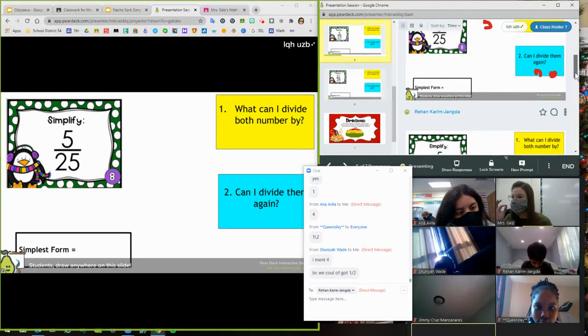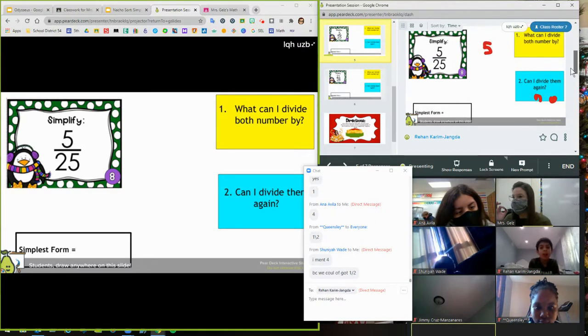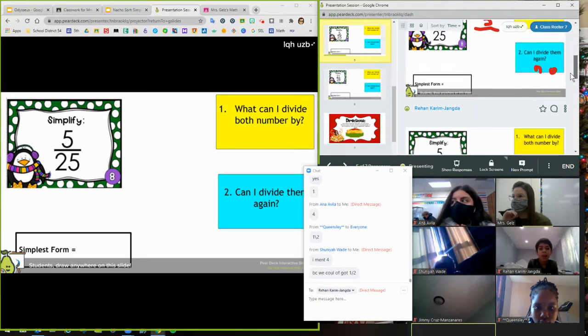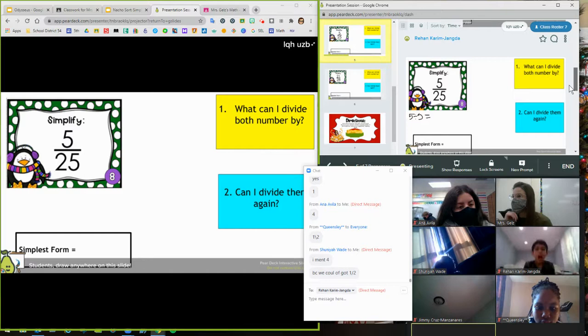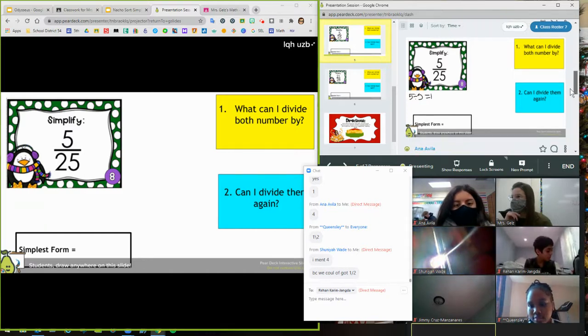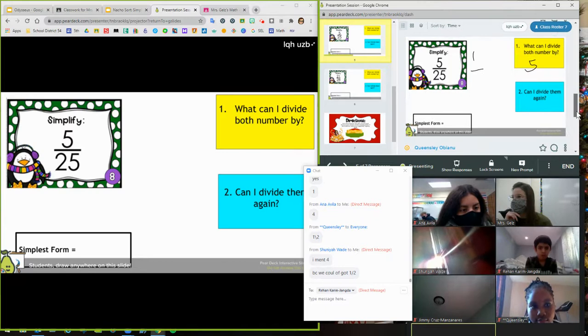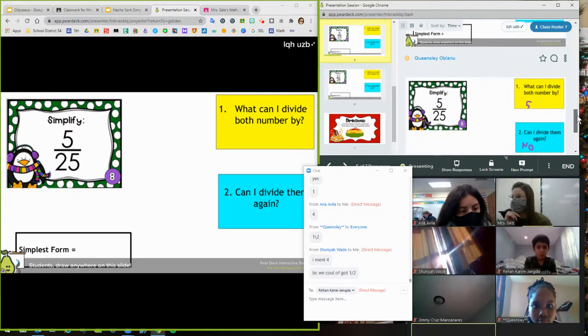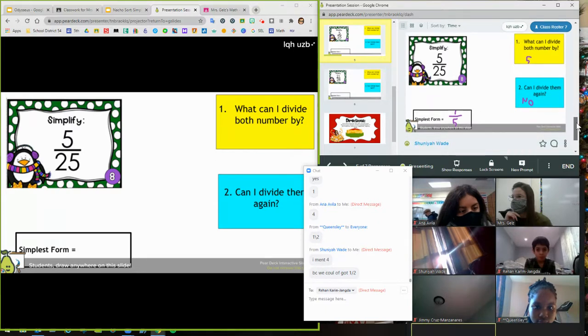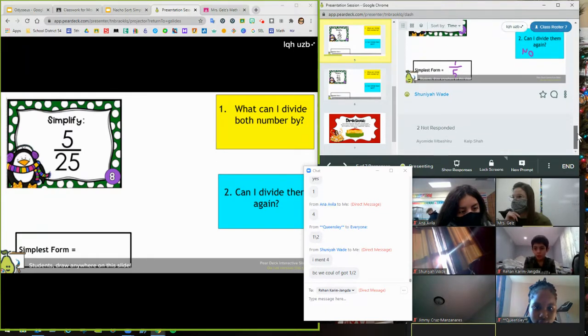Rayhan, I can tell you're already thinking, like, is there a shortcut to this one, right? Or is it just one step? Here you go, Anna. I like what you're thinking there with that division. Queensley, off to a good start. Very nice. Shania, looking good. Ayomida and Kelp, think, okay, what could I divide both the top and the bottom by?